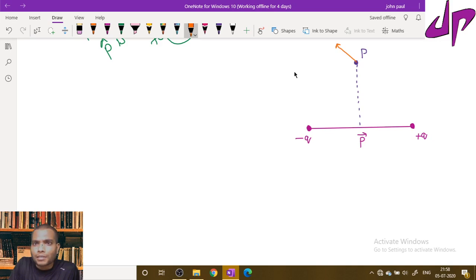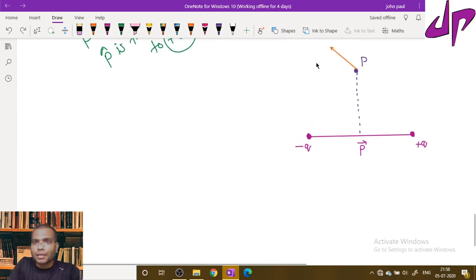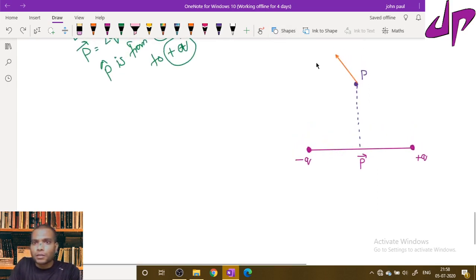So this is the direction of the electric field at that point, somewhat like that. This is the electric field due to the plus q charge in that direction.